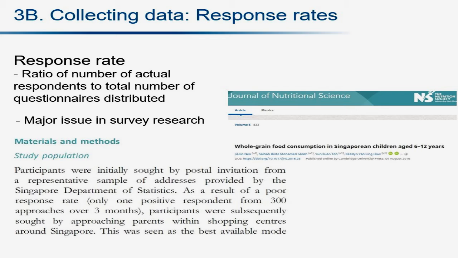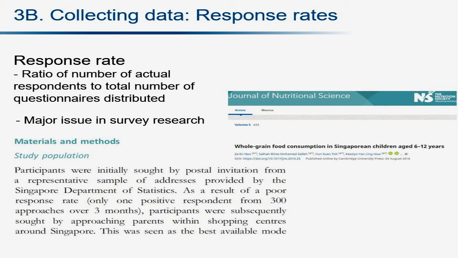You can probably figure it out from my talk on Tuesday, but this is how they went about doing the actual research. So they initially sent out postal invitation from a representative sample of addresses provided by the Singapore Department of Statistics. So they probably went to the department, asked for a list of addresses, and then they probably used some software or random table and then distributed it, all right?